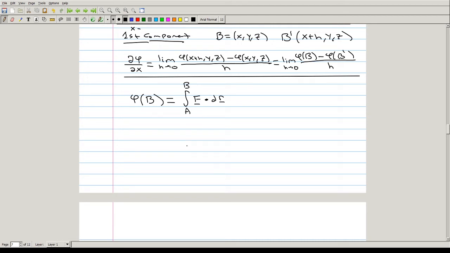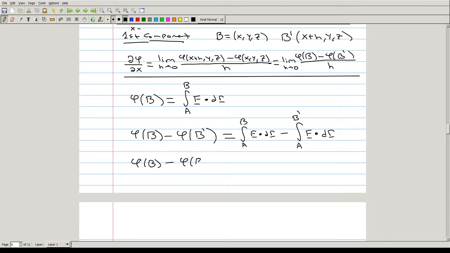Before we even use this partial derivative limit, if you just consider phi at B minus phi at B prime, this is the same thing as the integral from A to B of f dot dr minus the integral from A to B prime of f dot dr, which from our simplifications for line integrals is just the line integral from the point B prime to the point B. This is the same thing as the line integral from B prime to the point B.